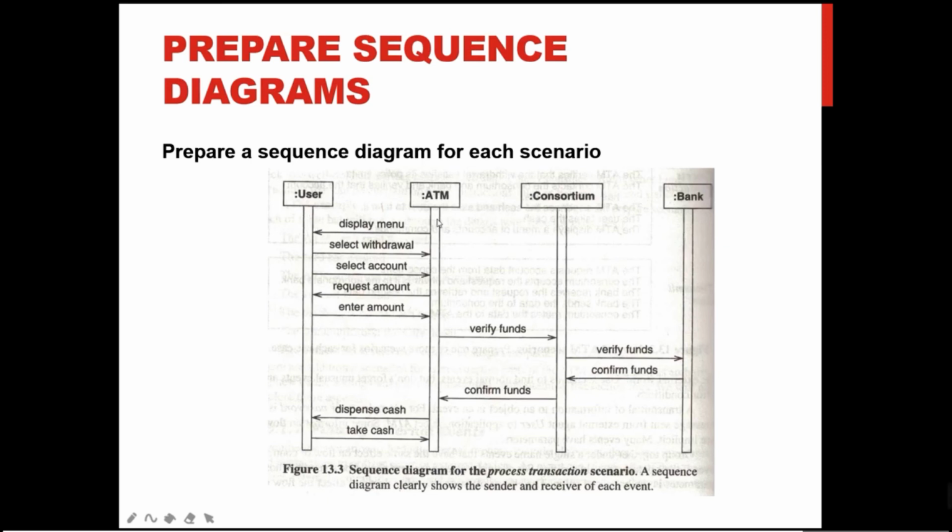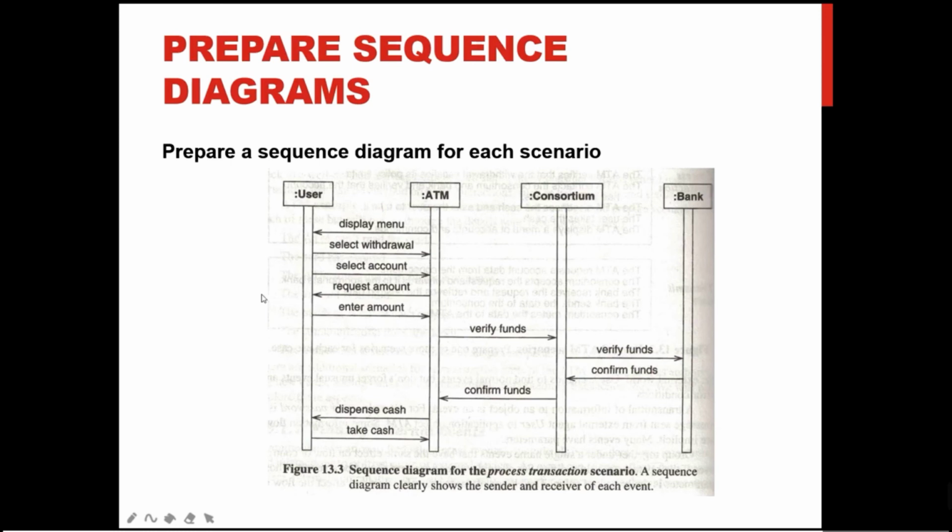The ATM first displays the menu to the user. The user selects withdraw, and then the user selects the account, and the ATM requests the amount, and the user enters the amount. The ATM verifies funds with the consortium, and the consortium verifies funds with the bank and confirms funds. The consortium confirms funds, and the ATM will dispense cash. The user will take the cash.